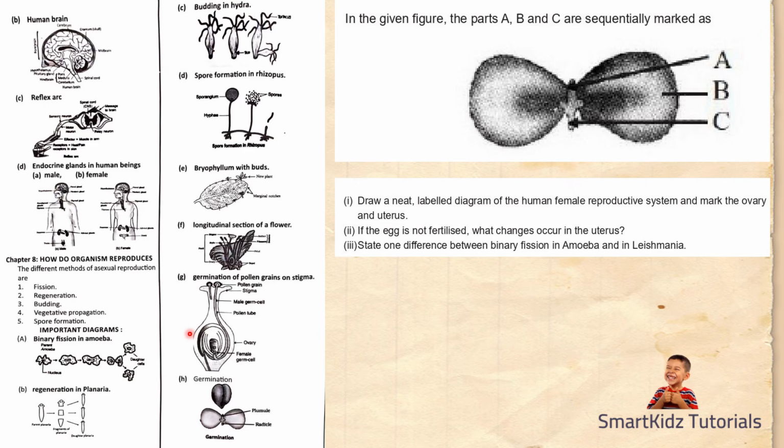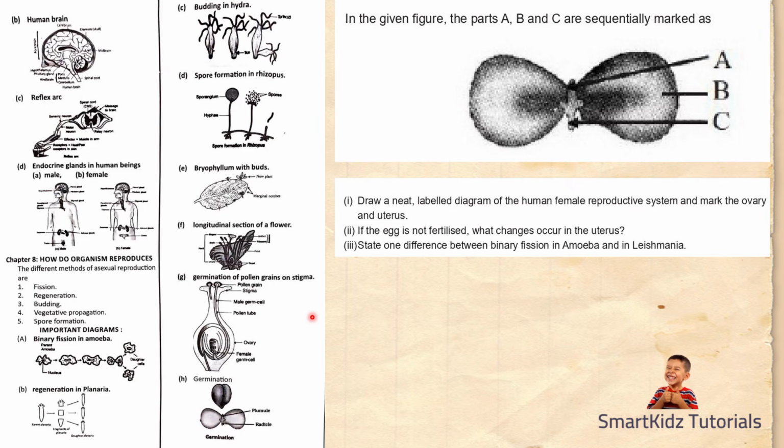In sexual reproduction, you need two parents of the opposite sex. Under asexual reproduction, you will have fission, regeneration, budding, vegetative propagation, and spore formation. Read up on all of them with one example each, as to how they are important.